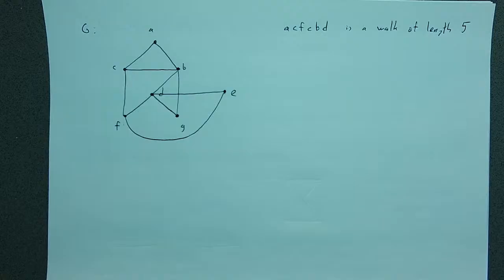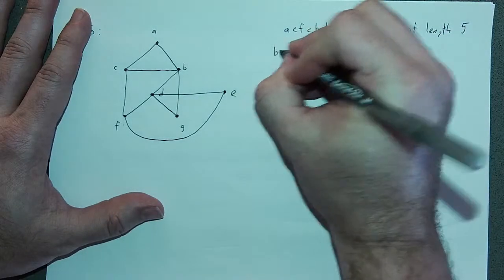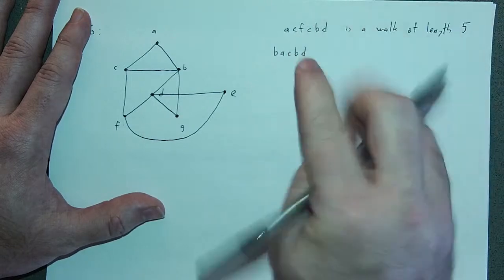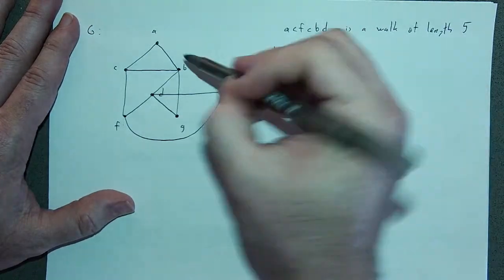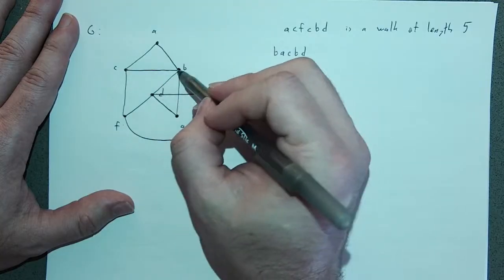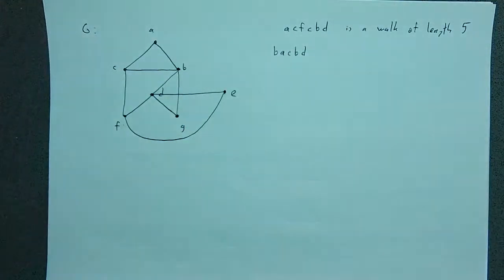Okay. What about BACBD? Now, BACBD, what could I say about that? Because of the repetition of B here, this isn't a path either.